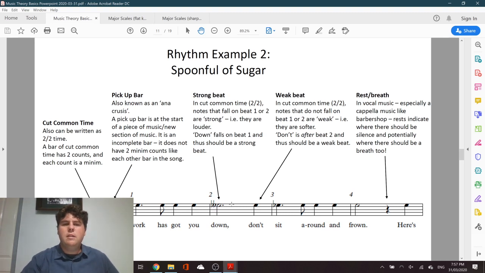When we sing it, certain words or certain rhythms that we sing fall a bit stronger than others. So we could say that when is on a strong beat, work, got, down, not that one, sit, round, frown, those are all on strong beats.